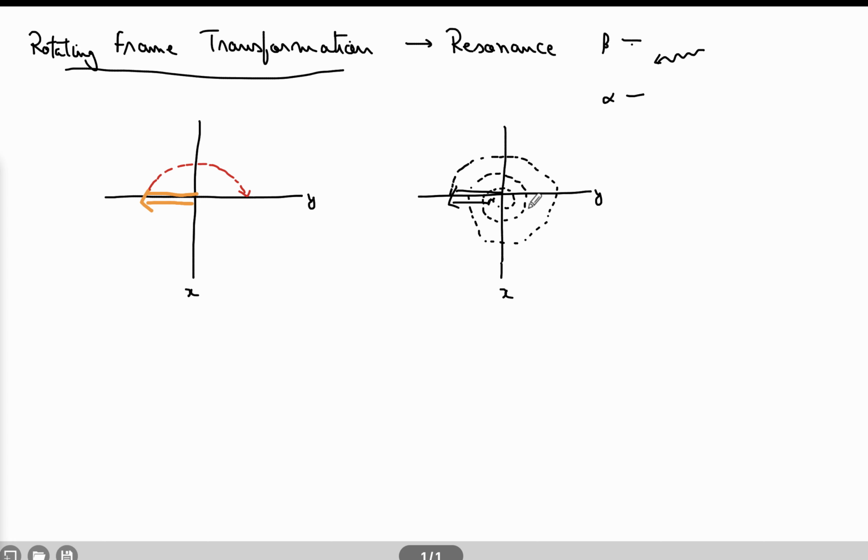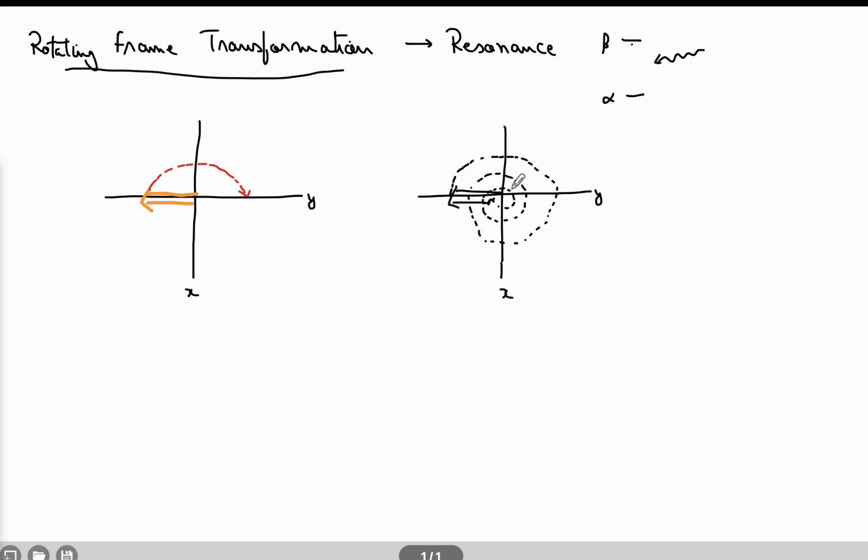When you are static and watching how this is precessing and relaxing back, this is how the motion will look. It will be a spiral on a 3D cone, and the vector will keep moving in a spiral cone fashion until it reaches the z-axis.